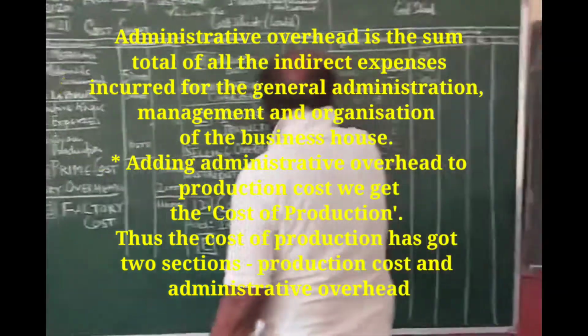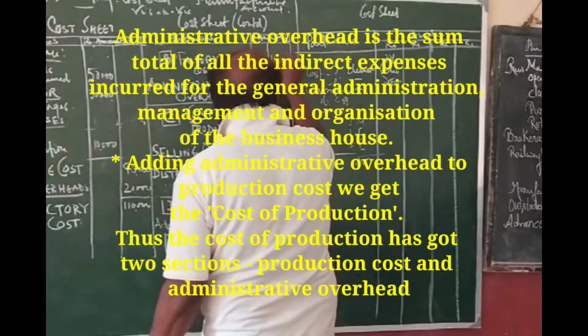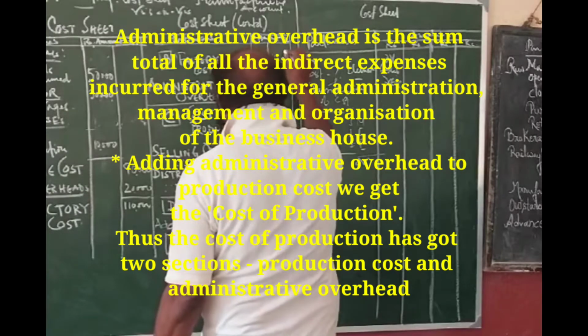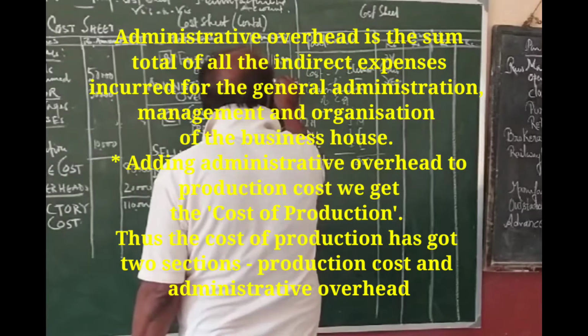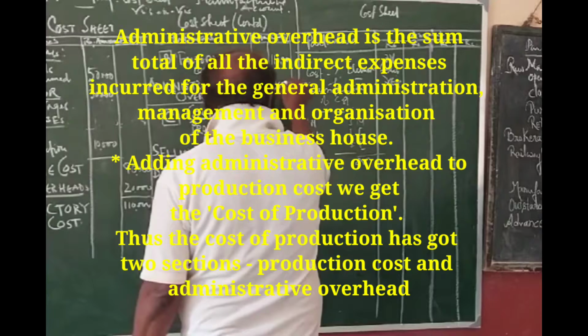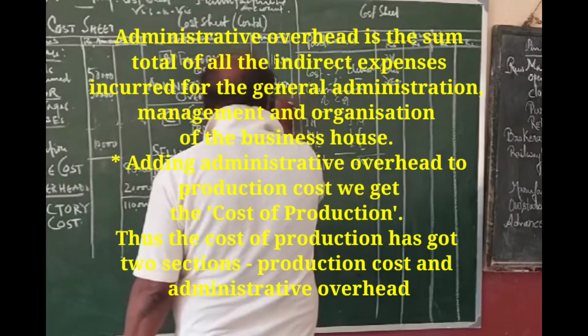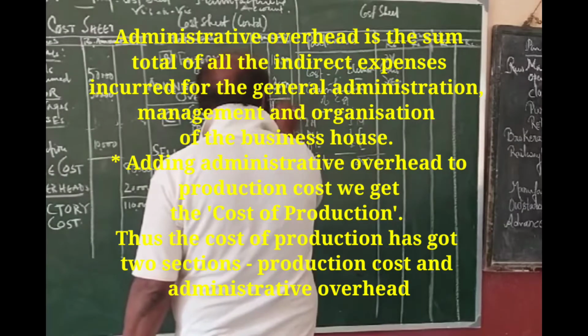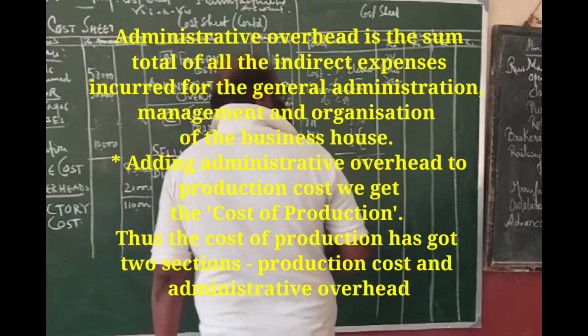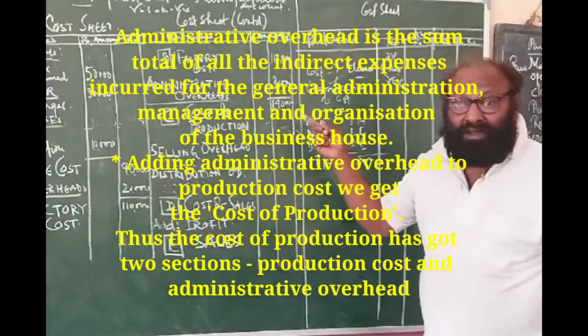Say this is our factory cost, 1,10,000. The administrative overhead is 30,000. So that makes 1,40,000. It is the cost of production.